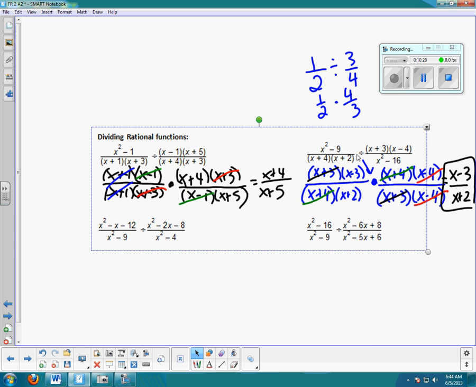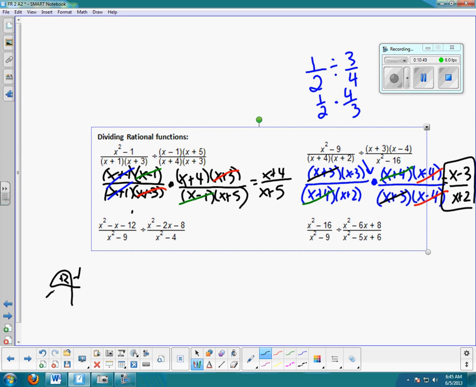All right, the next problem is really similar. It just needs a lot more factoring. This one has difference of squares and trinomials. So I'm going to go ahead and factor those. So up top we have a trinomial. So I have two numbers that multiply to negative 12 and add up to negative 1.